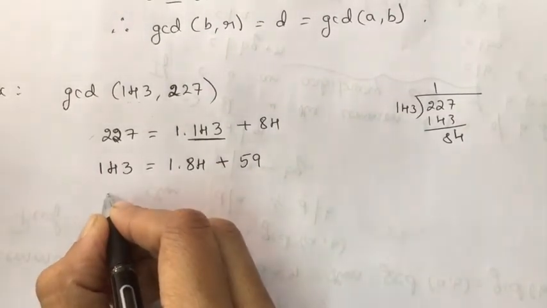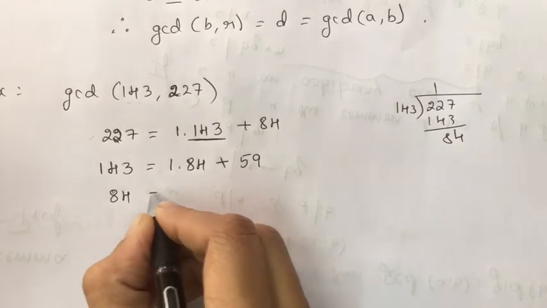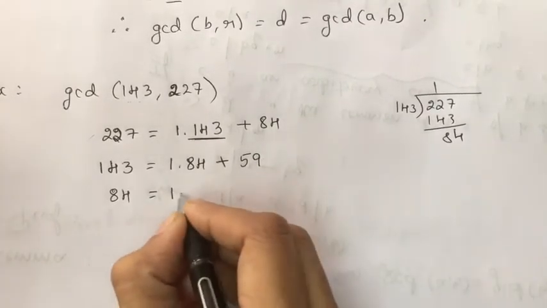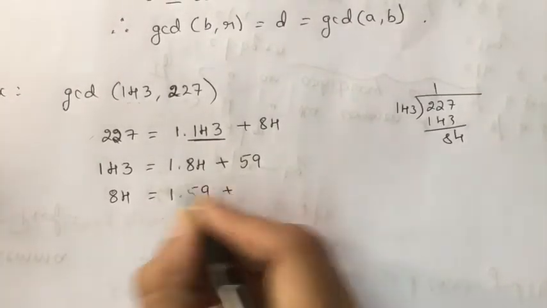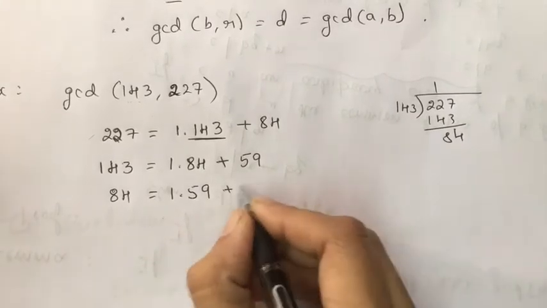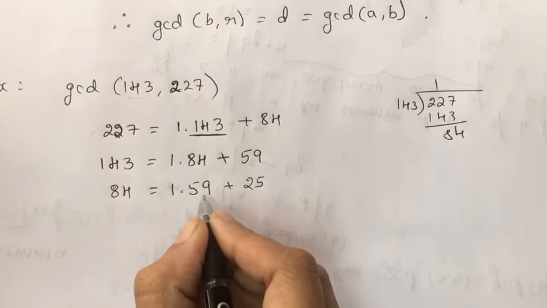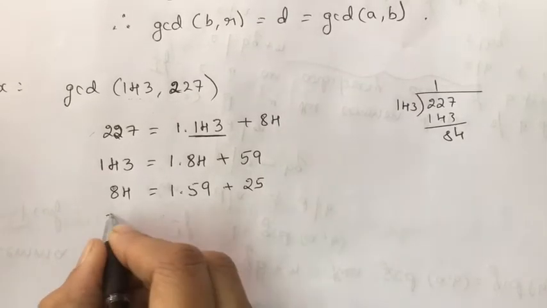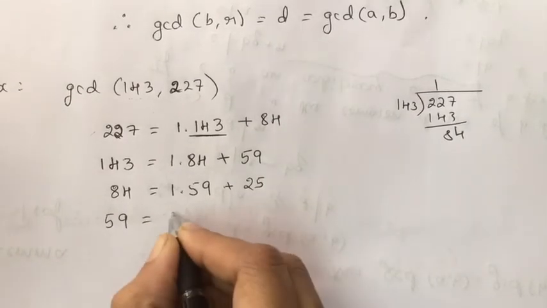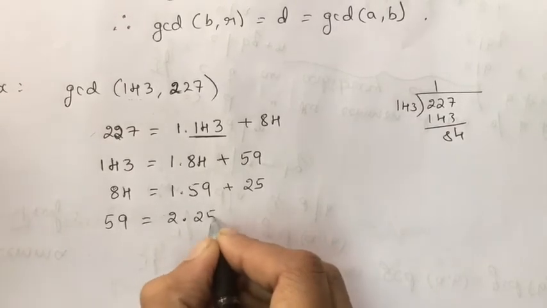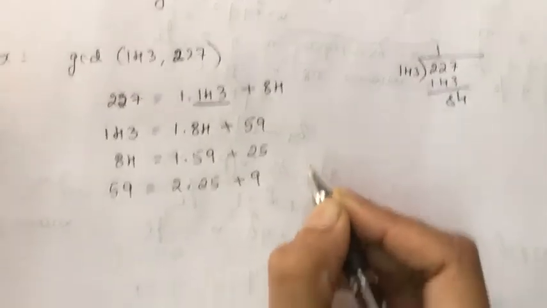Then you rewrite 84 as 1 into 59 plus 25. Then you write 59 as 2 into 25 plus 9.